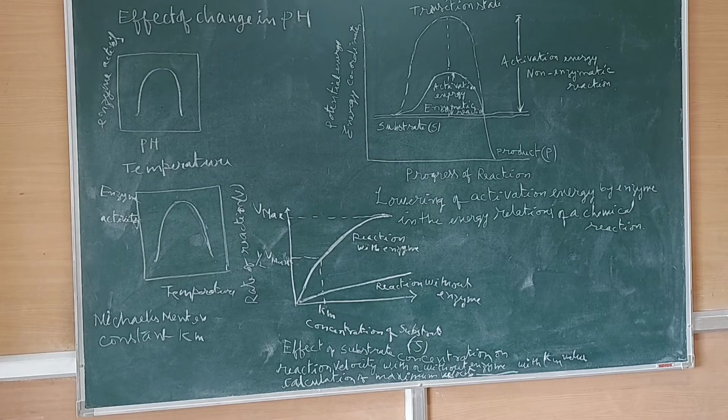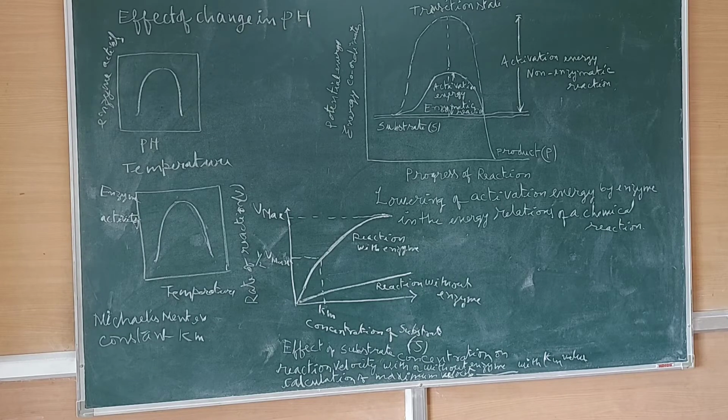Enzyme becomes inactive below minimum temperature and beyond maximum temperature. Low temperature preserves the enzymes in an inactive state. Therefore, it is used in the preservation of foods inside cold storages.